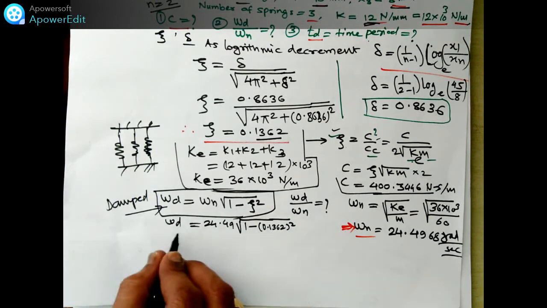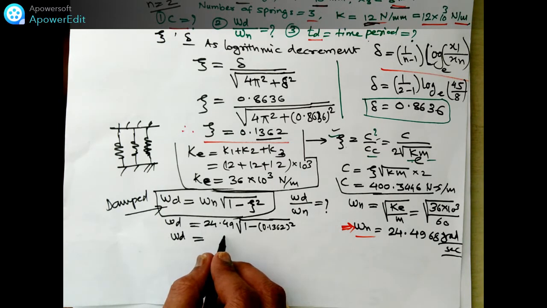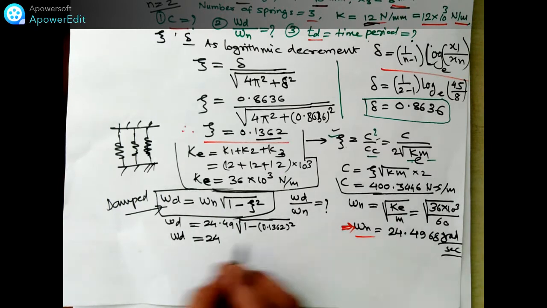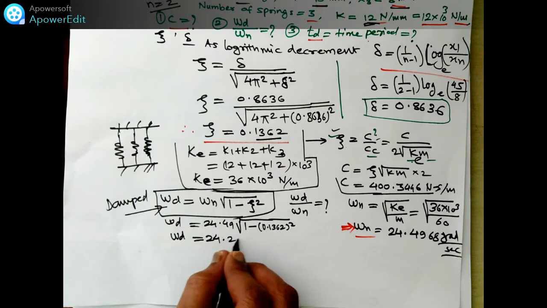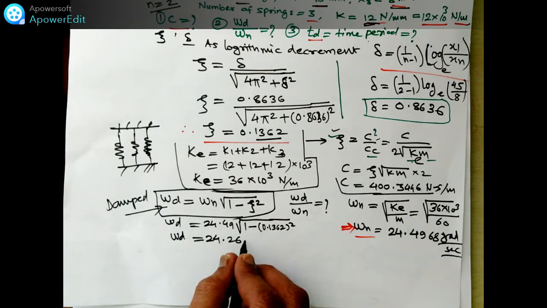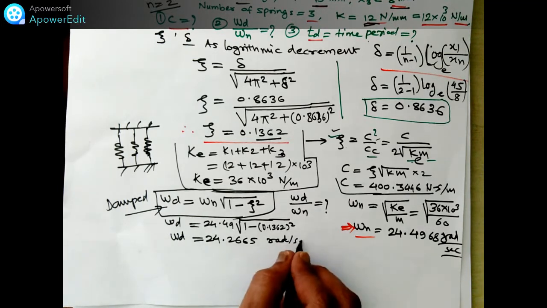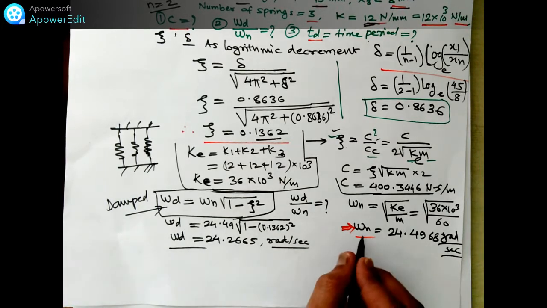Just solving this, we will get WD. The value of WD comes out near about the same, 24.2665 radian per second. This is the value of WD, and this is the value of Wn.